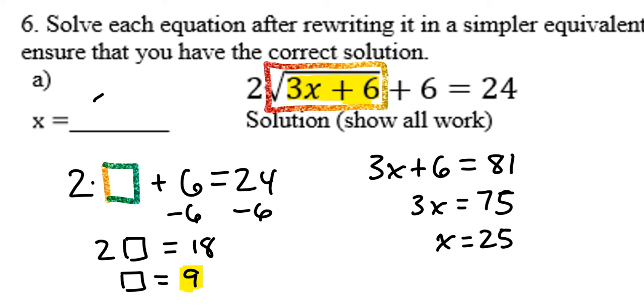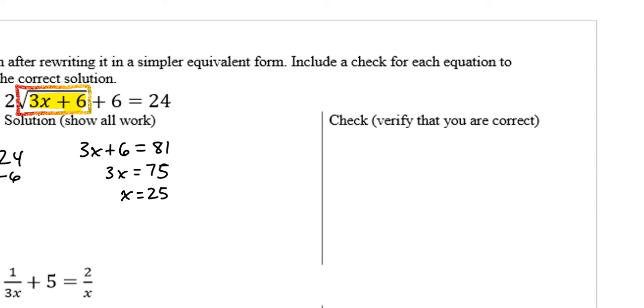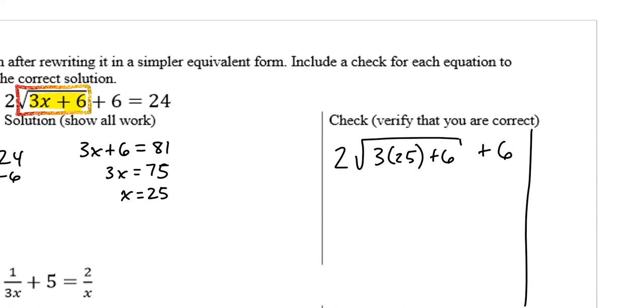So that's my solution. Now, to verify that, I just need to know that when I plug 25 into that equation, it does indeed produce an output of 24. I might show that by saying 2 times the square root of 3 times 25 plus 6, and then plus a 6 outside of the radical. Sometimes I'll just draw a line down the middle. I'm checking to see that that is the number 24.